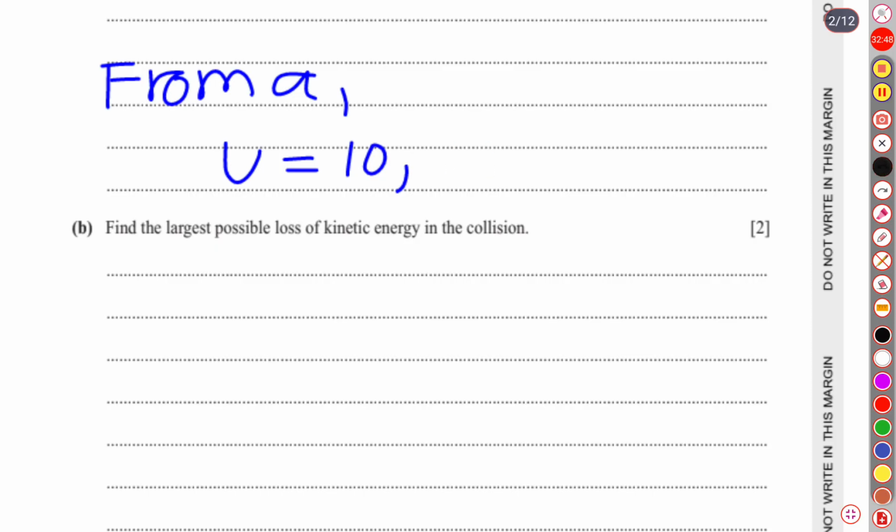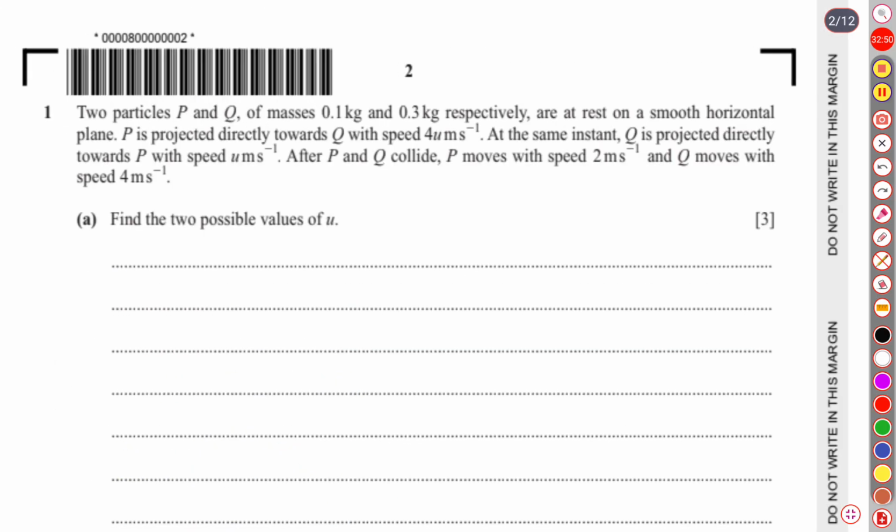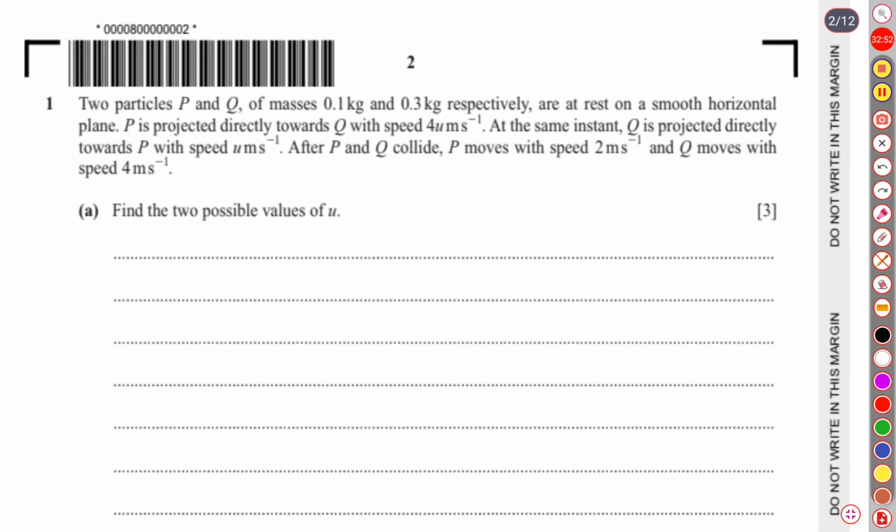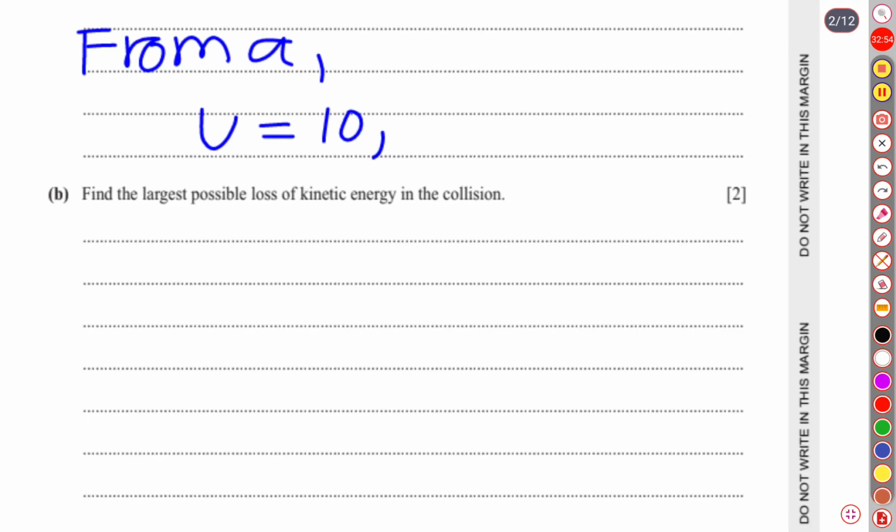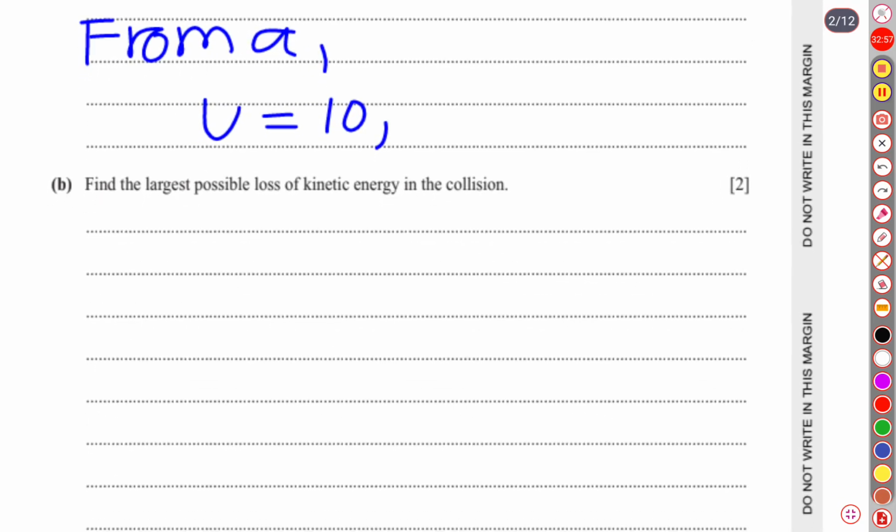Let us write whether we should write unit or not. It is yes. u is 10 as well as 14. Now look at this. Question B says find the largest possible loss of kinetic energy.